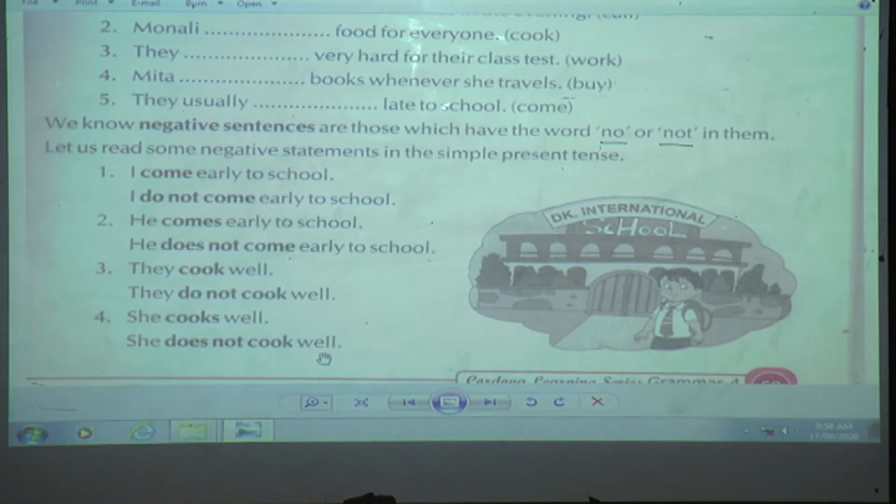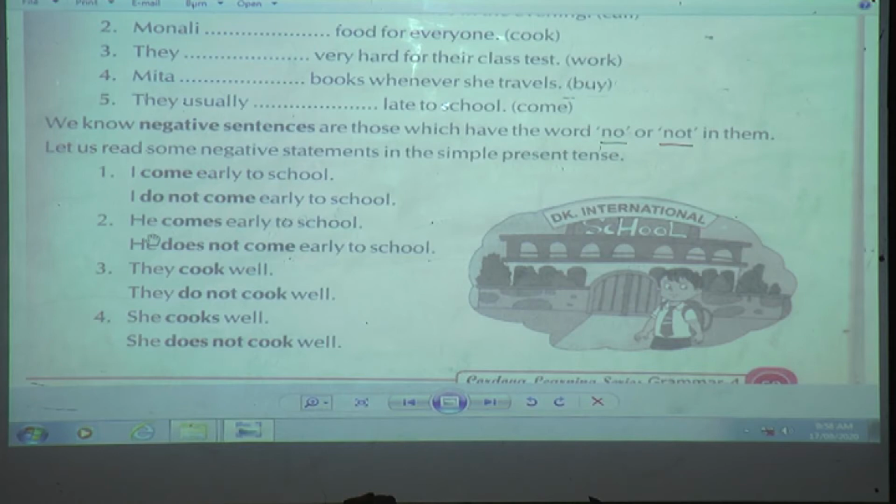How will you write it as a negative sentence in simple present tense? Yes, I do not come early to school. Again I'll repeat, I come early to school. I do not come early to school. This becomes your negative statement in simple present tense.